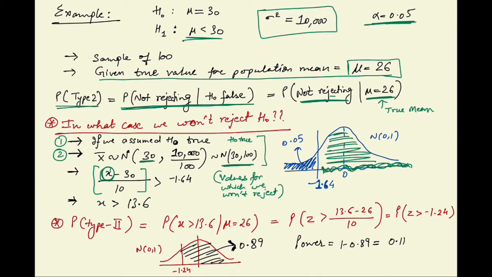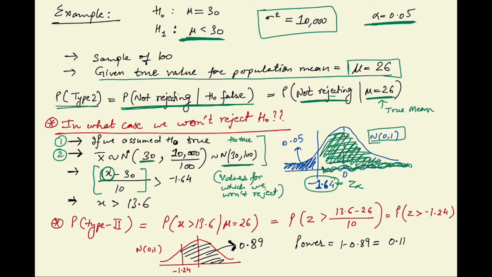Because our alternate hypothesis is that our mean should be lesser than 30, and with the alpha value of 0.05, we get z alpha to be 1.64 for a normally distributed random variable. So if our z value lies in this region, we won't reject it.